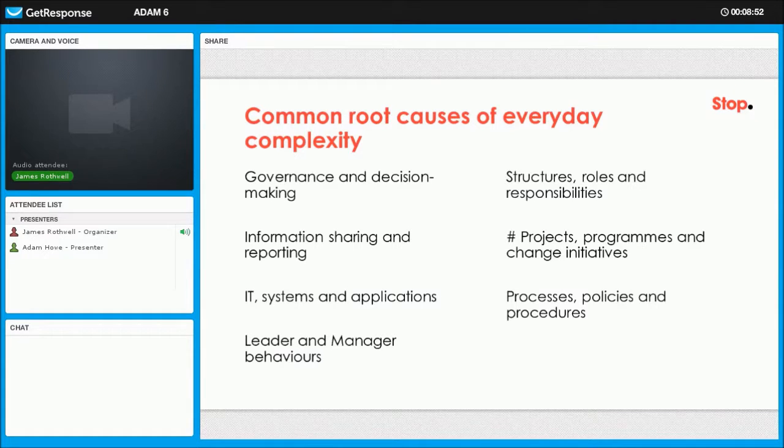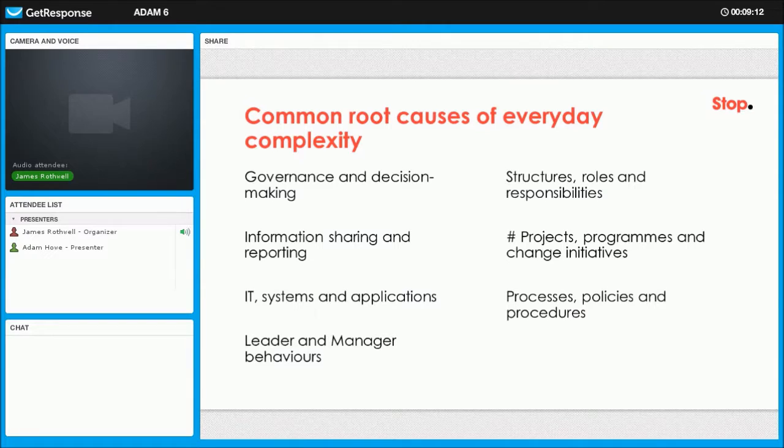All of these things can actually be causes of causes. But here, these are some of the things that we see frequently in our clients as real drivers of unnecessary email, of unnecessary meetings, of complex management reporting, complex processes, complex organizational administration.